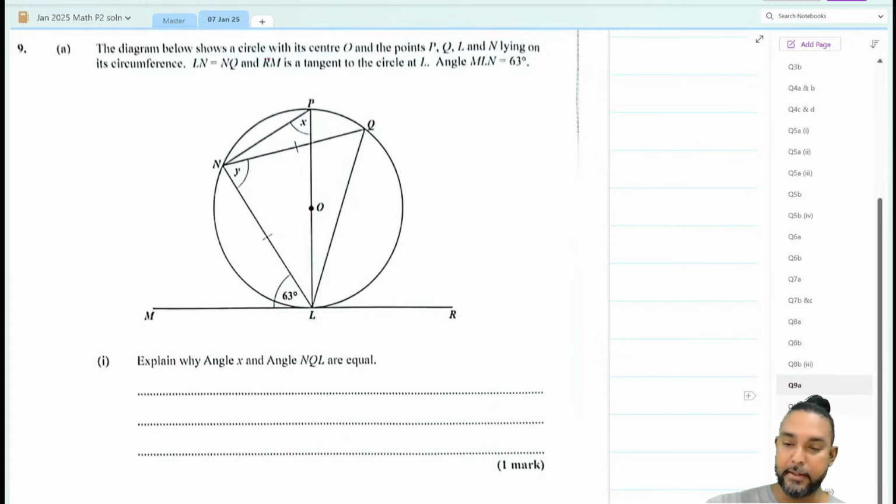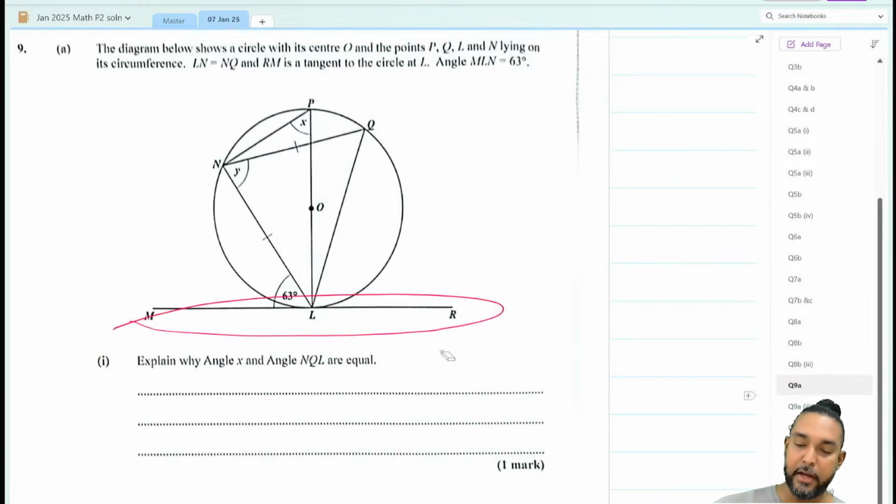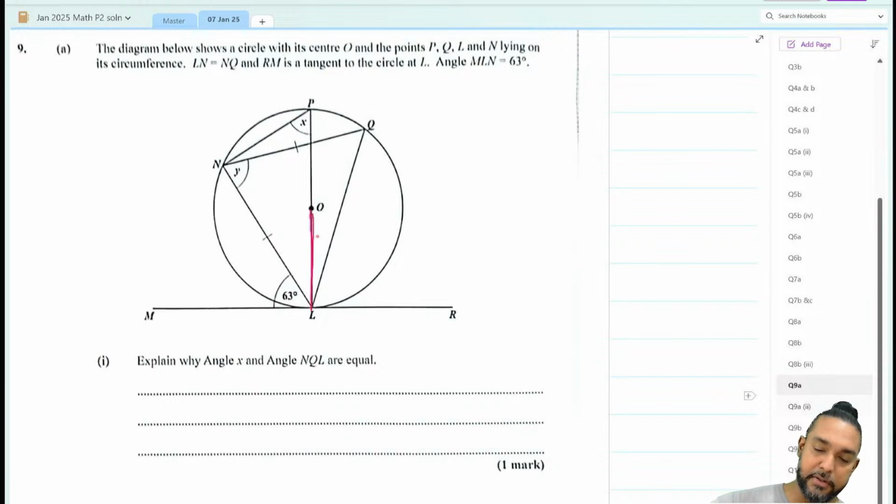RM is a tangent to the circle. And the angle between tangent and radius is 90 degrees. Angle MLN is 63. Okay, cool.